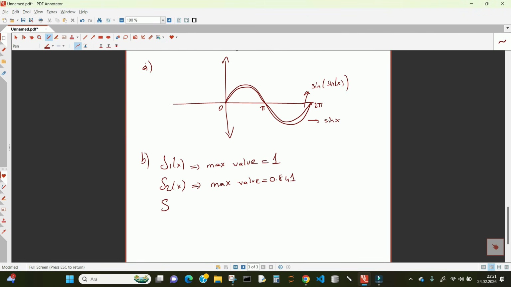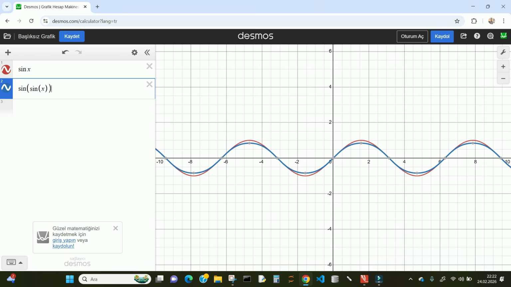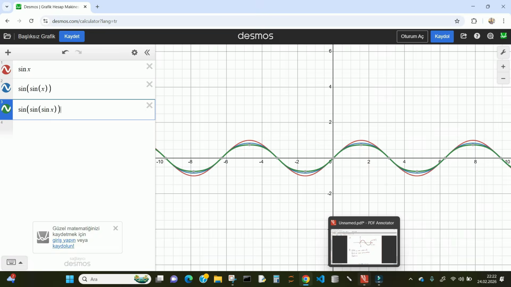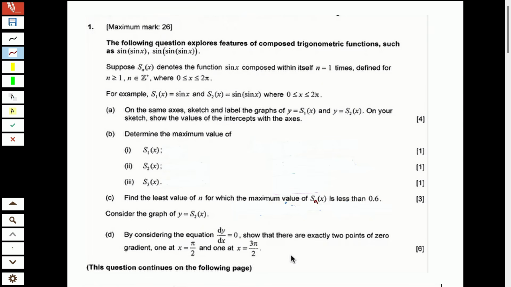For S_3, we can also draw that one, the green one. So the maximum value is 0.746.